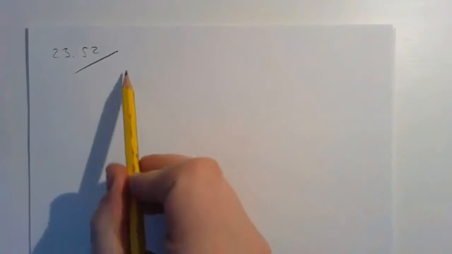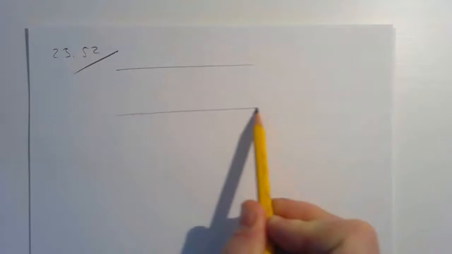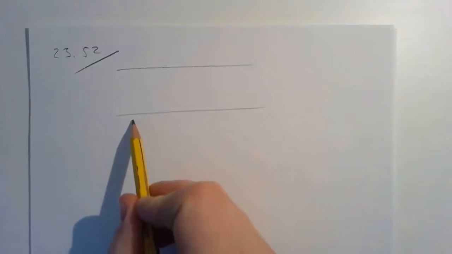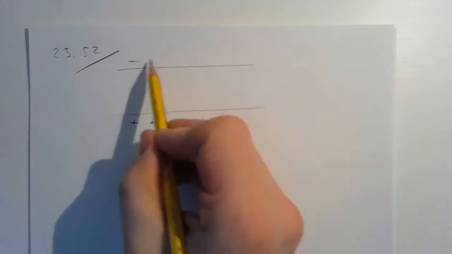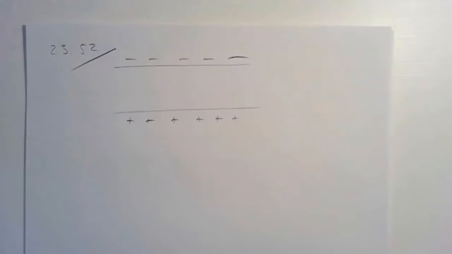So 23.52, again, make sure you're looking at the question first so you know what it's about. It is essentially a projectile motion problem. The setting is something like this. I've got a positively charged plate down here and a negatively charged plate up here.